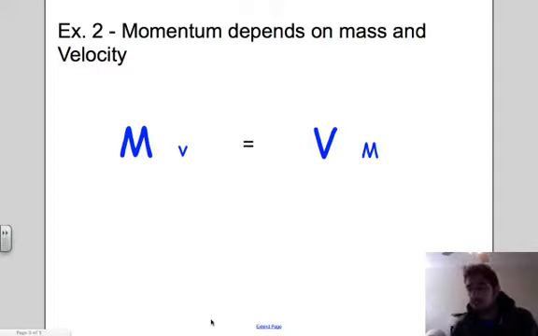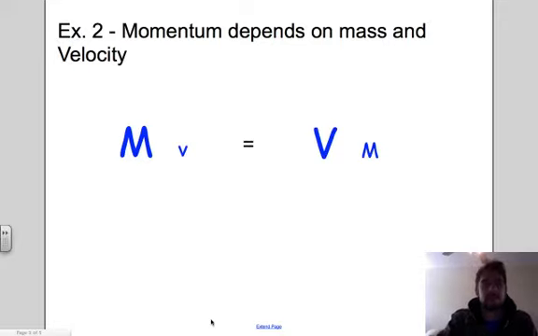They could potentially have the same momentum if the first object has a very large mass but a very small velocity, and this object right here has a very large velocity but a small mass. Get the idea that they are both equal because of their differences in mass and velocity. But for the most part, it is just a simple multiplication problem.